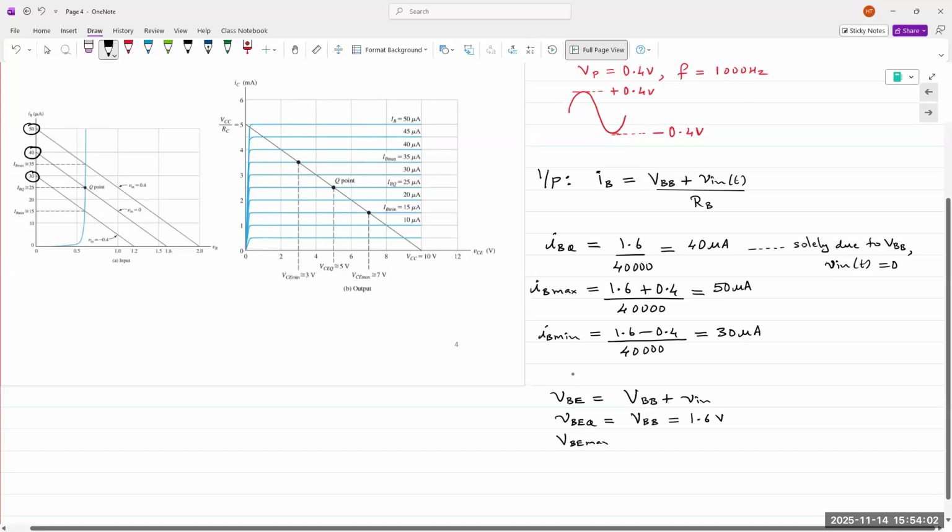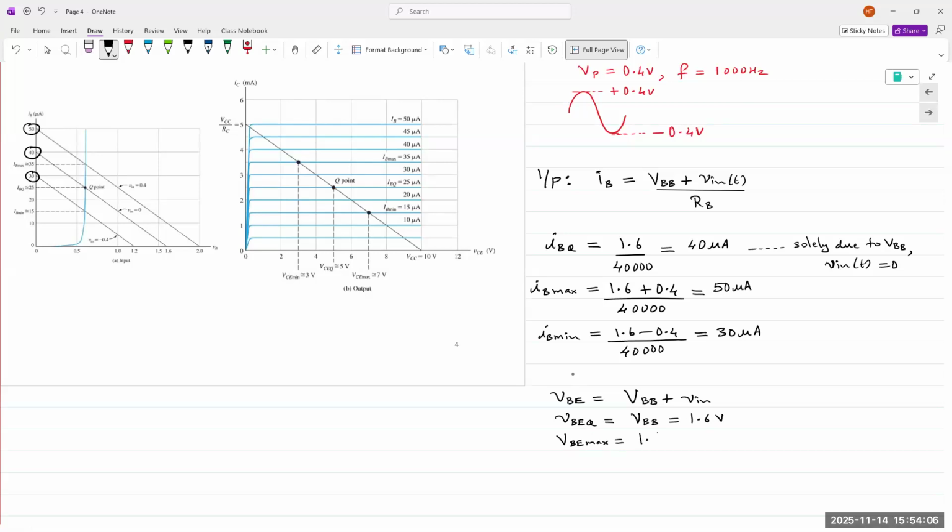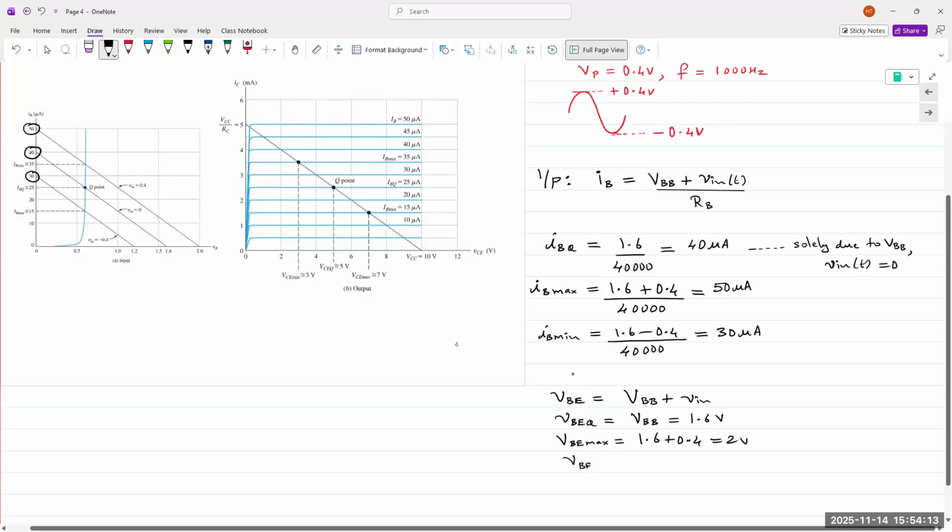VBE max means it goes 1.6 plus 0.4, so it goes to 2 volts. And VBE min means it goes from 1.6 to minus 0.4, so 1.2 volts.